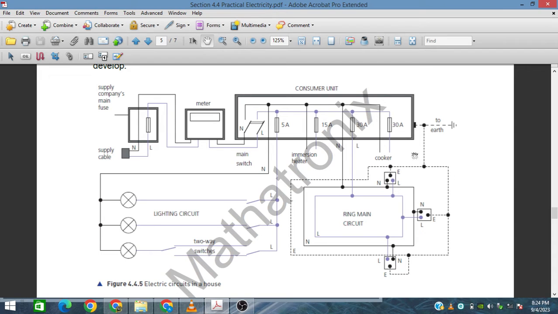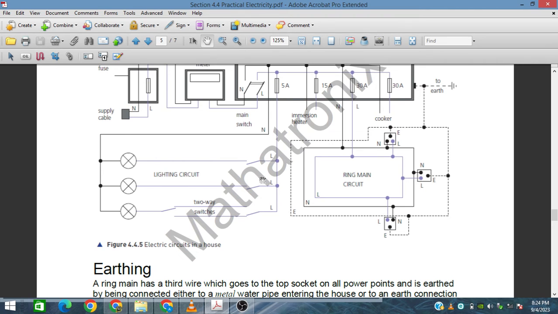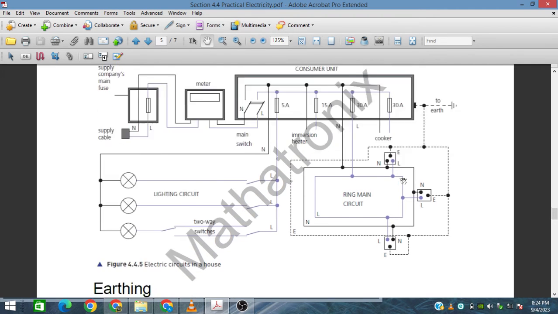For this we use these sockets, and the bigger pin is the earth point, and it prevents the users from getting any electric shock in case a fault develops or the insulation is damaged. So this is all the electric circuit in a house. This is a typical house.